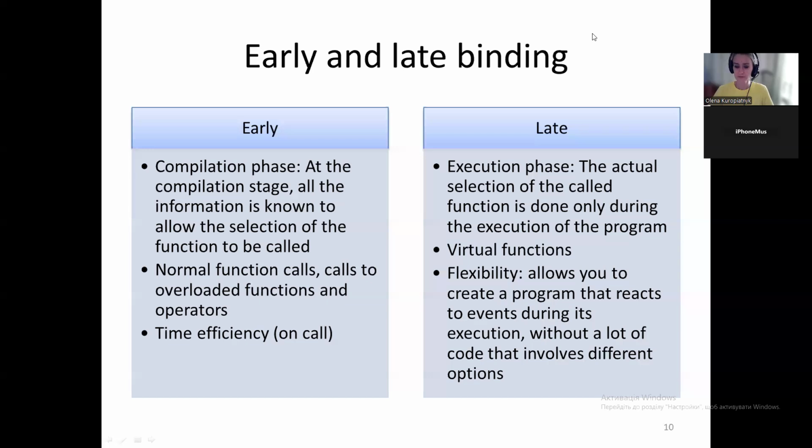Resume the recording. What about early binding? This binding you can find in the phase of compilation of a program. At the compilation stage, all the information is known to allow the selection of the function to be called. Yes, we have a lot of functions and we need to choose only one function. In this case, we know the whole list of these functions at the start.